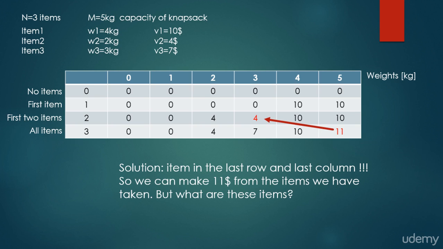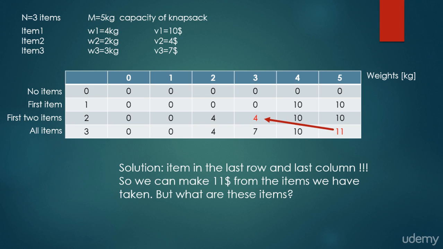We start at the 11, and we have to check whether the integer on the previous row, the 10, at row index 2 and column index 5, has been inherited in the next row, and we come to the conclusion that 11, in red, is not equal to 10. And that's the point when we come to the conclusion that we have to include item 3.